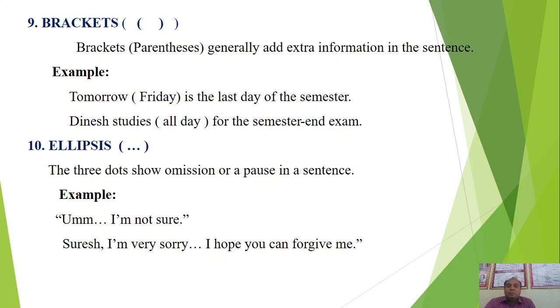Suresh, I'm very much sorry... I hope you can forgive me. So in order to suggest a pause, you use an ellipsis, that is 3 dots. A pause is a sign that should be shown in graphic form through 3 dots.